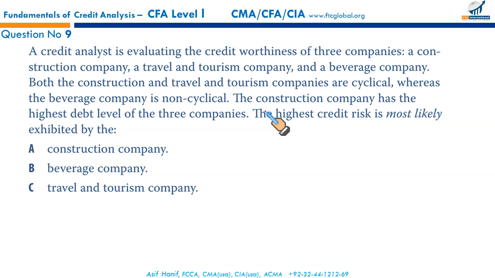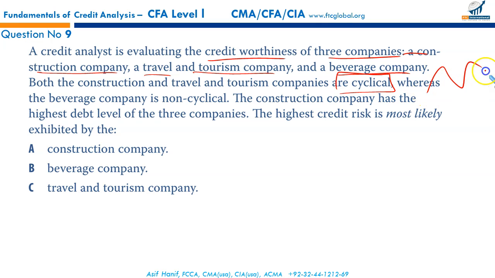Next. A credit analyst is evaluating the creditworthiness of 3 companies: a construction company, a travel and tourism company, and a beverage company. Both the construction and travel and tourism companies are cyclical, which means there will be more volatility in earnings, whereas the beverage company is non-cyclical, less volatile.